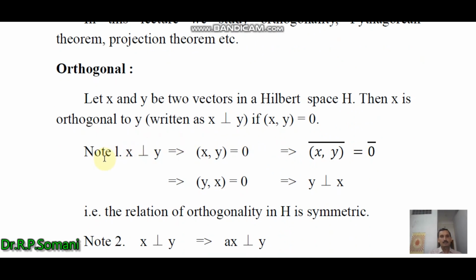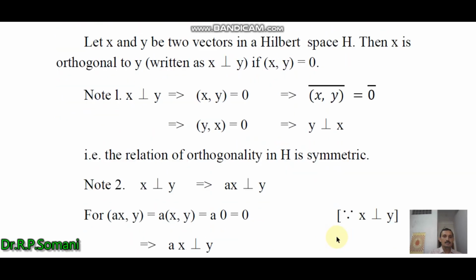The first property: if x is orthogonal to y, then <x, y> = 0 implies the conjugate of <x, y> equals 0 bar, and by the property of inner product this conjugate is <y, x> = 0. Therefore y is orthogonal to x. In this way, the relation of orthogonality in H is symmetric.